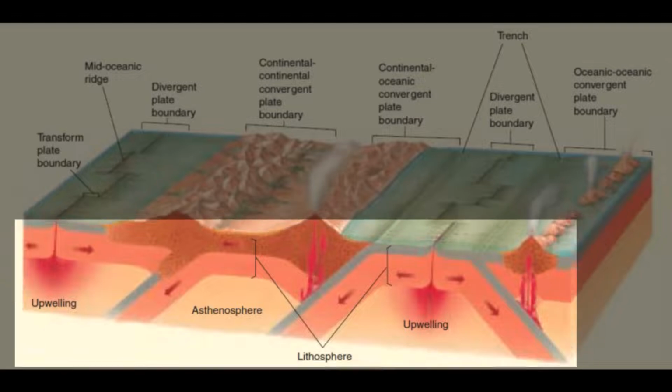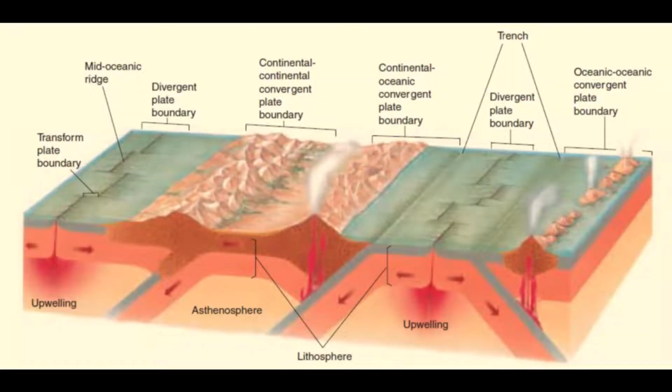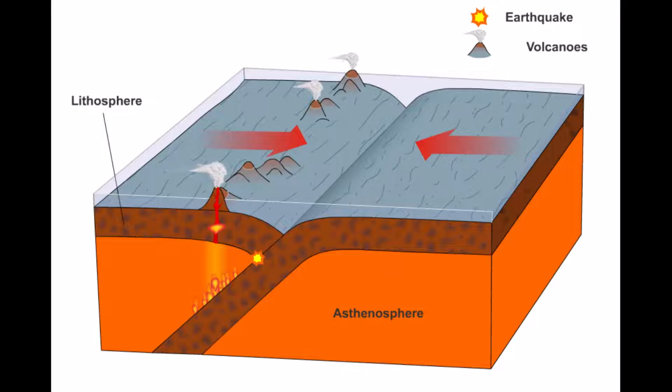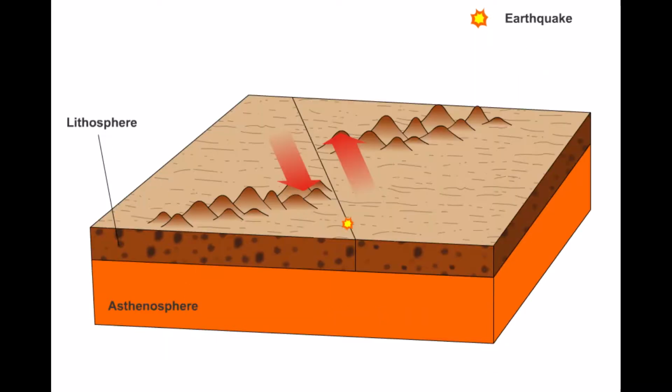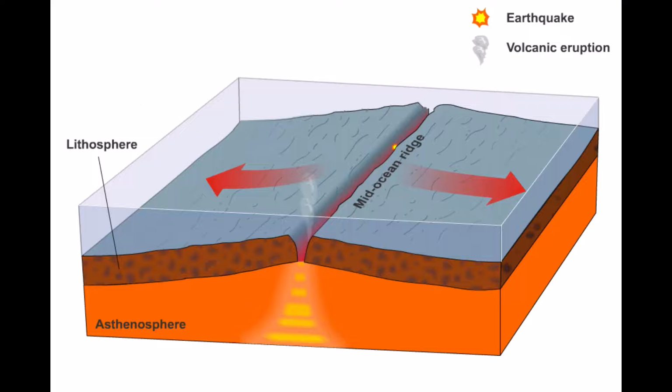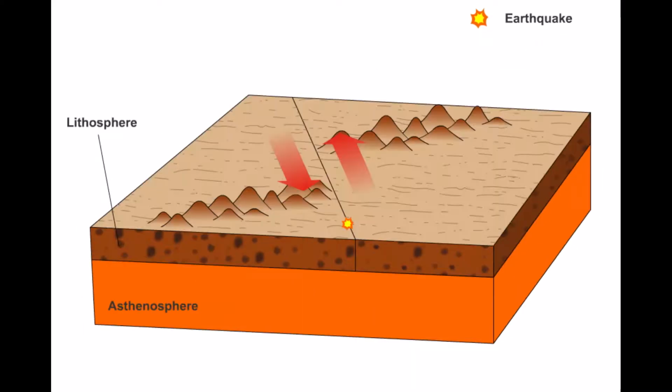For this reason, we generally talk about the relative motion of plates across a plate boundary. Two plates can move away, move towards, or move sideways relative to one another, resulting in three types of plate boundaries: divergent, convergent, and transform.